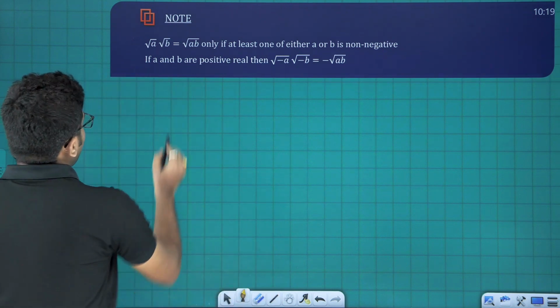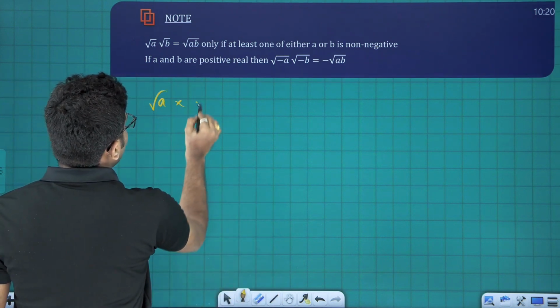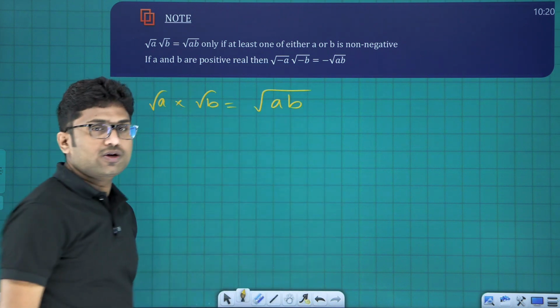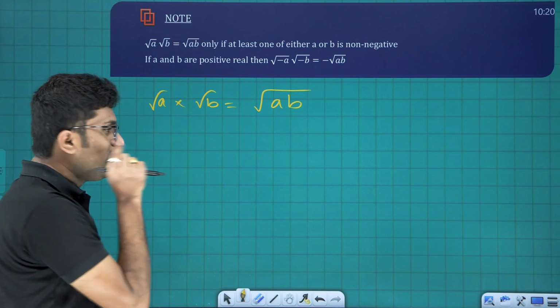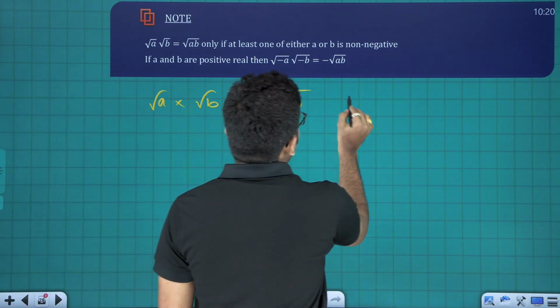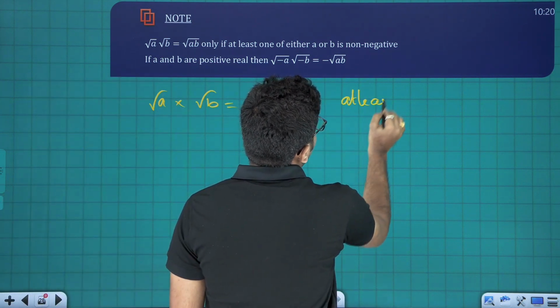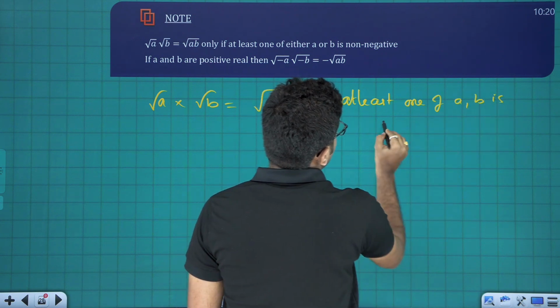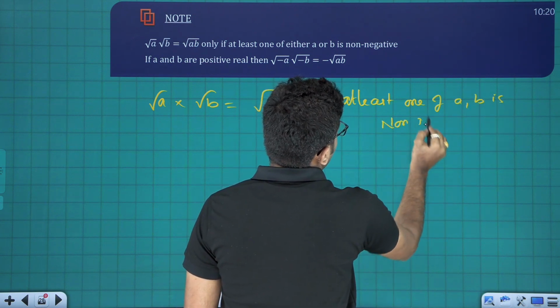Next, one more important thing friends. Root A into root B, till now we learned it as root AB because we didn't come across complex numbers. It is so only when at least one of A, B is non-negative.